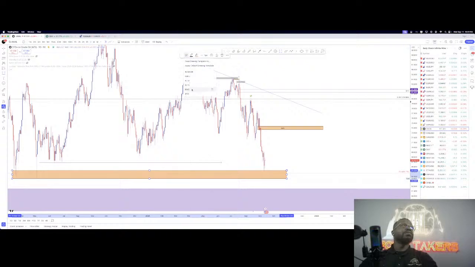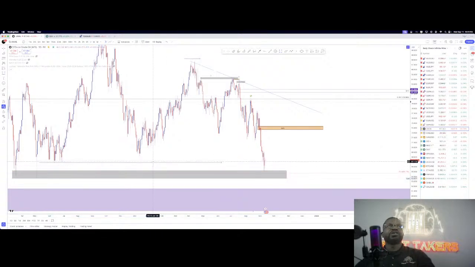We do have multiple retests, and what actually happened versus this area getting stronger, it actually became a target.